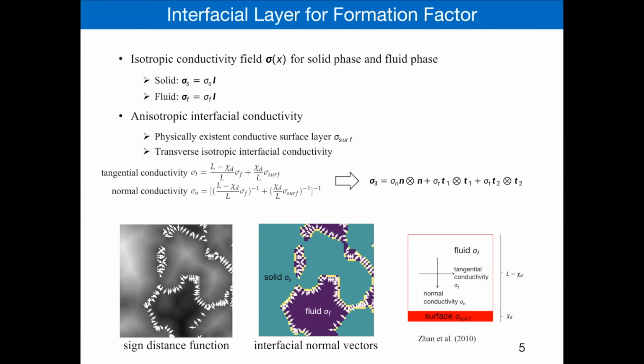Additionally, the interfacial conductivity should be treated differently because there physically exists a thin layer of surface conductivity. Different from previous work, which treated the interfacial conductivity as a scalar, we computed the conductivity as a tensor that consists of normal and tangential components, with the unit normal vectors computed from the gradient of the signed distance function.